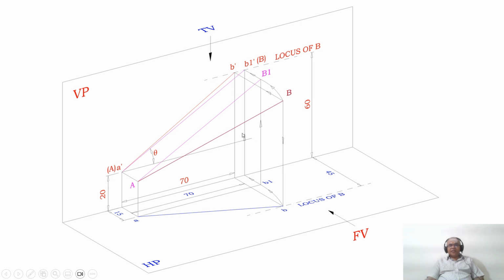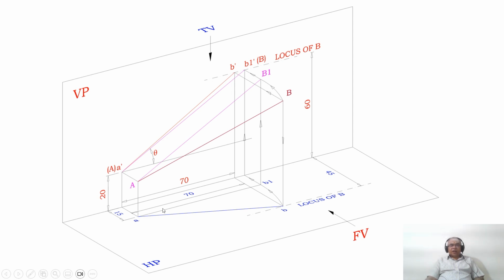So what I am doing is, as we rotate it in space, the image in the top view is also getting rotated. That is the reason why, with A as center, taking the radius of AB, you draw an arc such that both A and B1 are in front of VP by the same distance, that is 15 mm. Therefore, the line capital AB1 is parallel to VP.